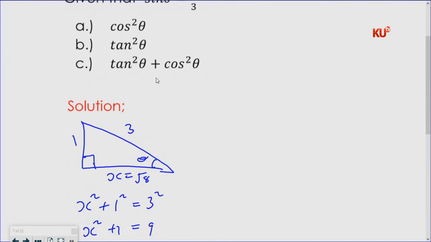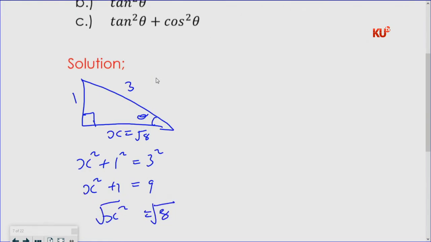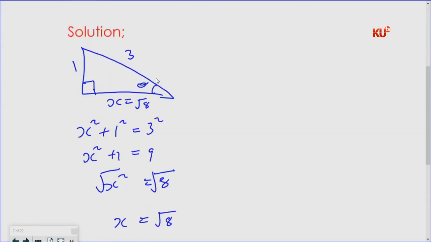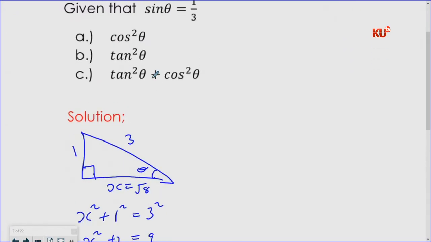So if you go back to the question they were asking us, we get cos squared theta. We can have our part A. Let's first of all deal with cos theta, because we know cos is equal to adjacent over hypotenuse.